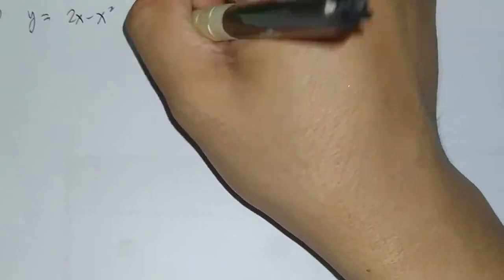Find the equation of the tangent line. y is equal to 2x minus x squared at 2 comma 0.